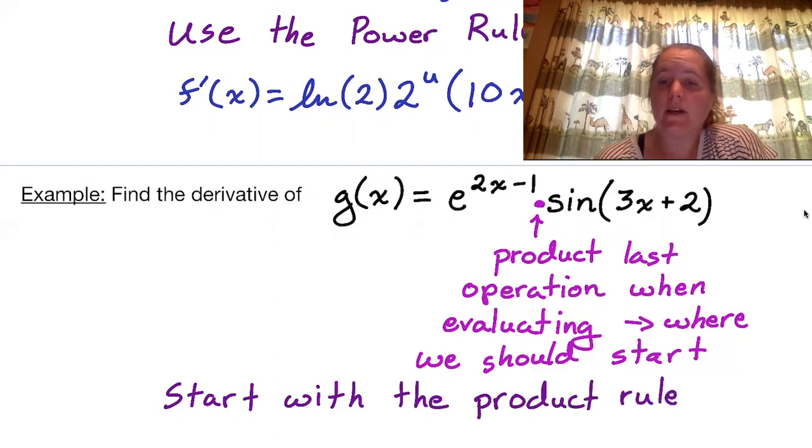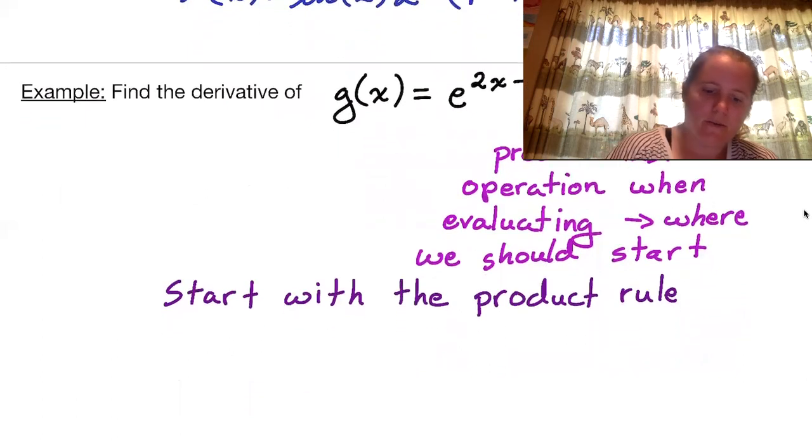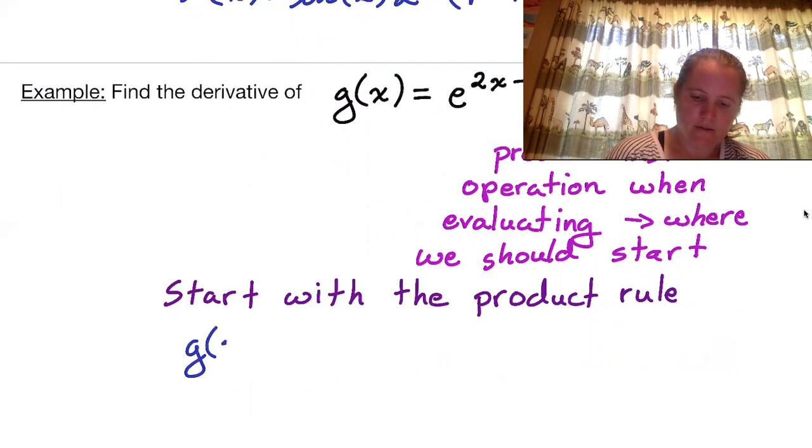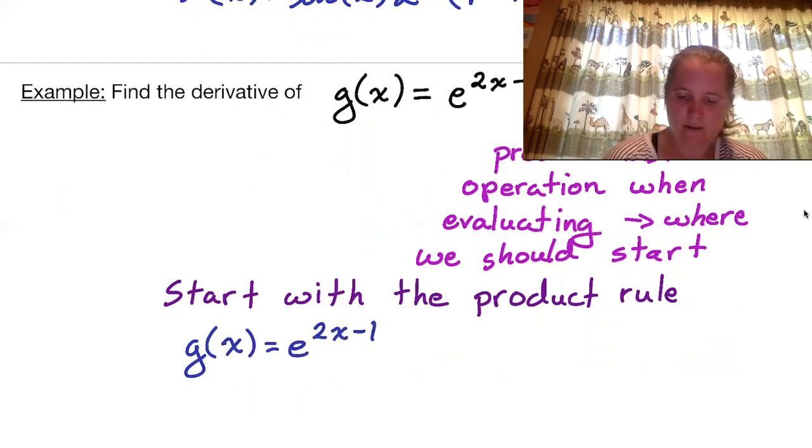I'm going to go ahead and just rewrite this function down below. So we had g of x equal to e to the 2x minus 1 times sine of 3x plus 2.